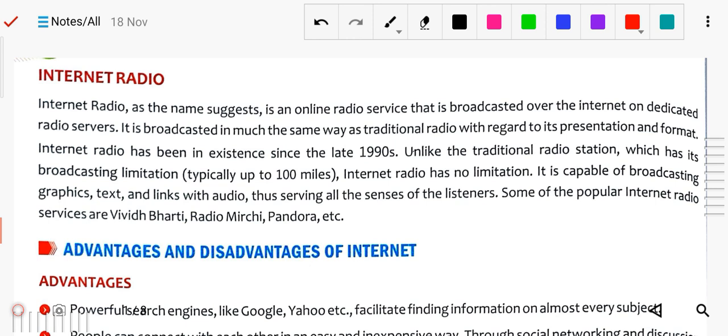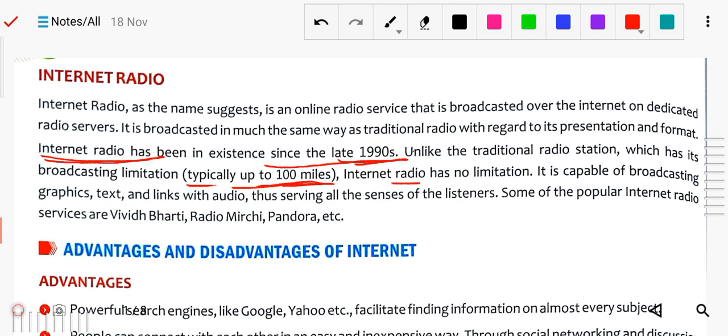Internet radio has existed since the late 90s. Unlike a traditional radio station, which has a broadcasting limitation, typically up to 100 miles, meaning traditional radio without internet has a range of up to 100 miles, internet radio has no limit.